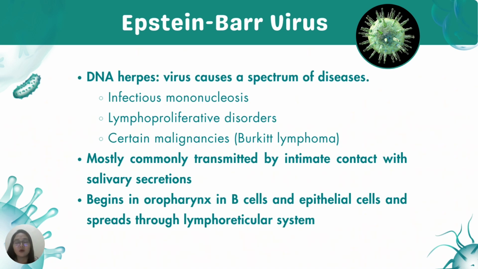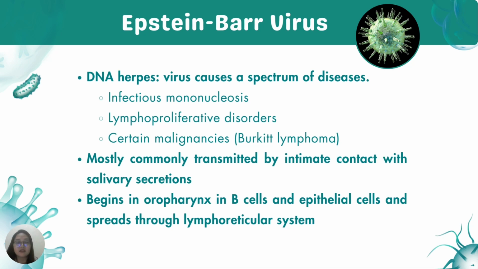So this Burkitt lymphoma is very particular in Epstein-Barr virus, and this is actually associated with your ALL, or acute lymphocytic leukemia, and specifically the L3, since there are three types of ALL, di ba? So it is most commonly transmitted by intimate contact and salivary secretions as I mentioned, and this begins in your oropharynx in the B cells and epithelial cells and spreads through the lymphoreticular system.